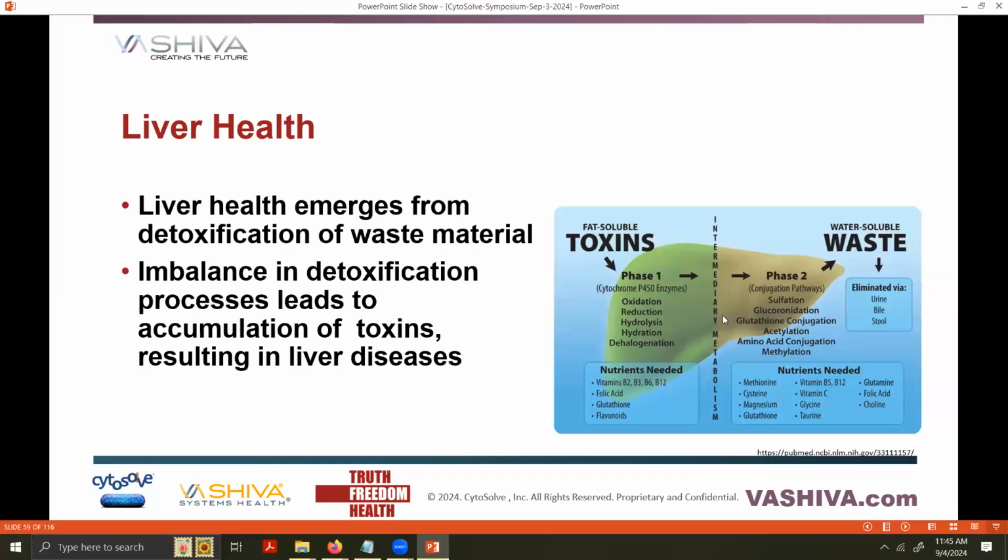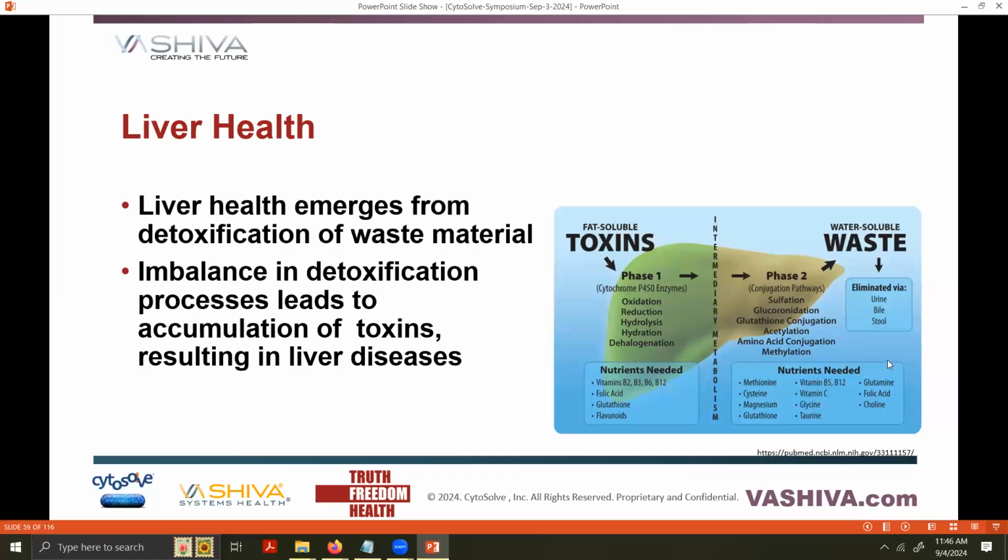Phase 2 is getting rid of water-soluble toxins, and typically most of that is eliminated through your urine, bile, or stool. For that, methionine, cysteine, magnesium, glutathione, vitamin C, B5, B12, glycine, taurine, glutamine, folic acid, and choline are very important for the phase 2 process, which includes sulfation, glucuronidation, glutathione conjugation, acetylation, amino acid conjugation, and methylation.